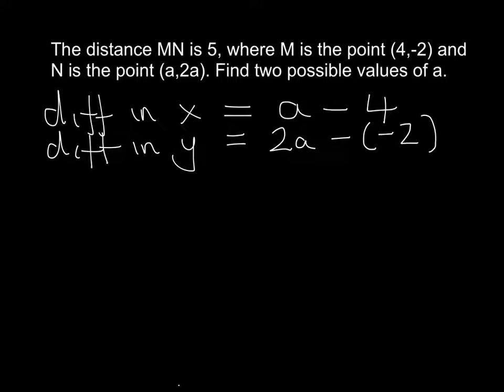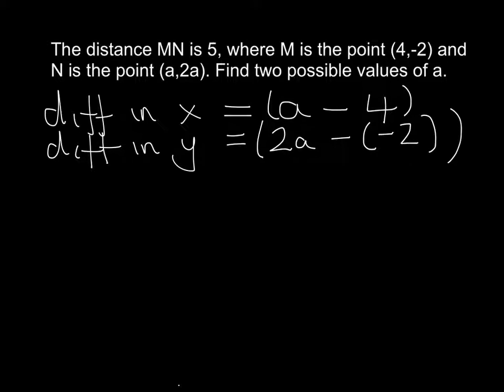Be careful when you're taking away a negative number. Make sure you get it right. So the difference in x is a minus 4, and the difference in y is 2a take away minus 2.